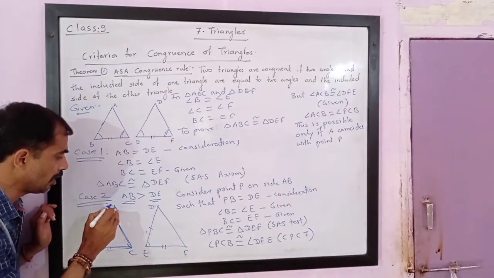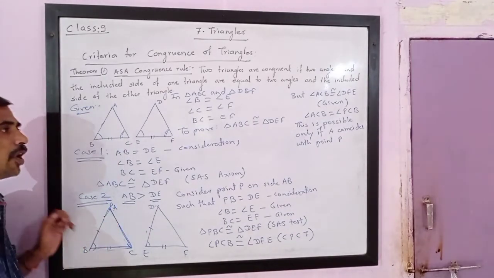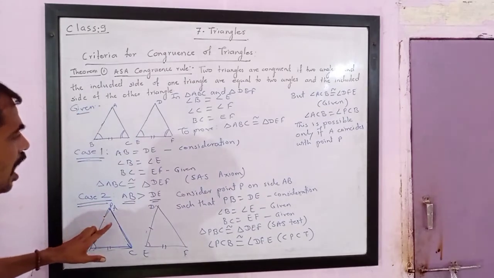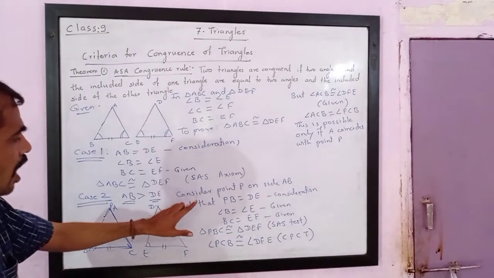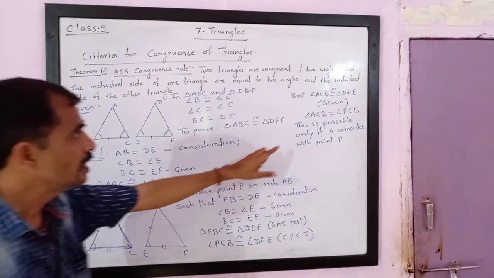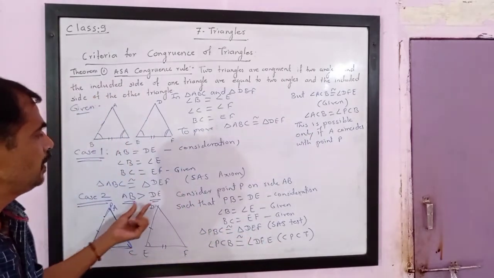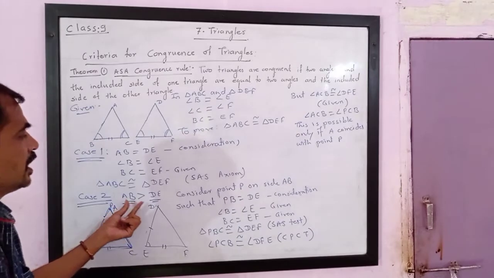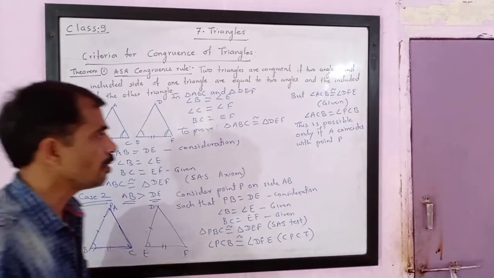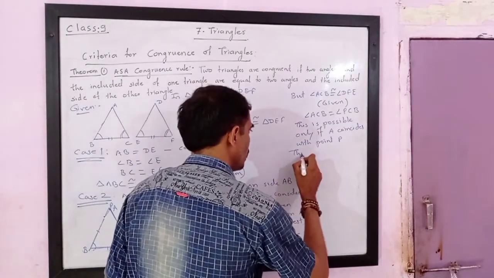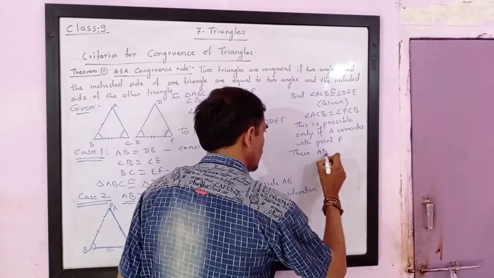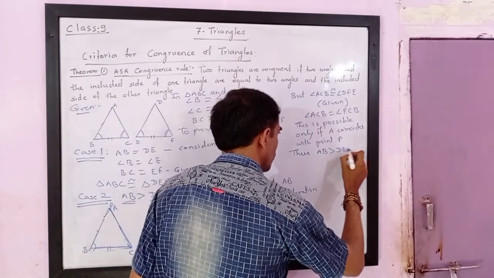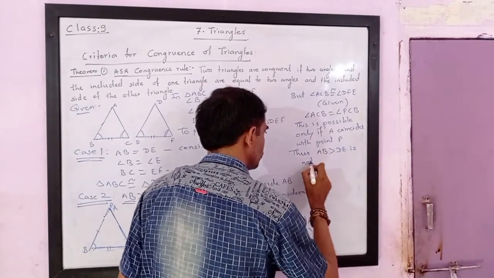P and A are a single point. It means our consideration that AB is less than DE is not possible. Thus AB greater than DE is not possible.